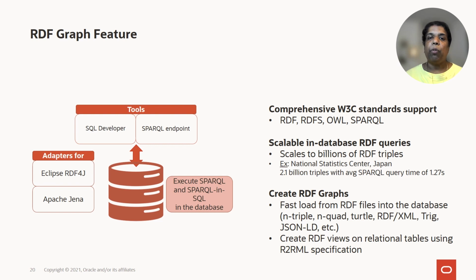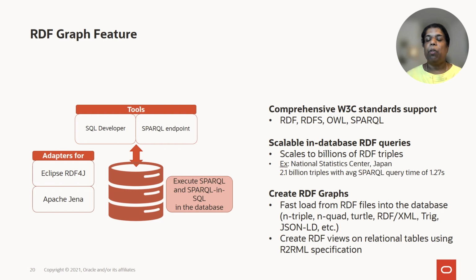So we have support for various tools like SQL Developer. You can create a SPARQL endpoint, meaning you can send SPARQL queries over HTTP. That's another thing that RDF developers like to do, because when you're linking data from different sources together, when you're querying data in other open repositories, you want to be able to send your SPARQL query over HTTP.